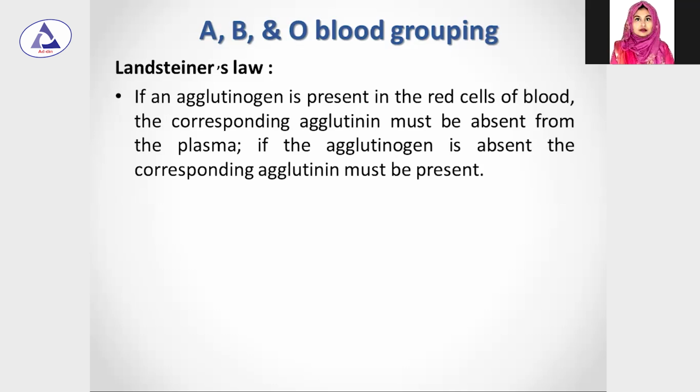And the second part: if agglutinogen or antigen is absent, the corresponding agglutinin must be present. So in this law there are two parts. Part one is agglutinogen present, then agglutinin absent. The second part is, if agglutinogen is absent, then the agglutinin must be present.